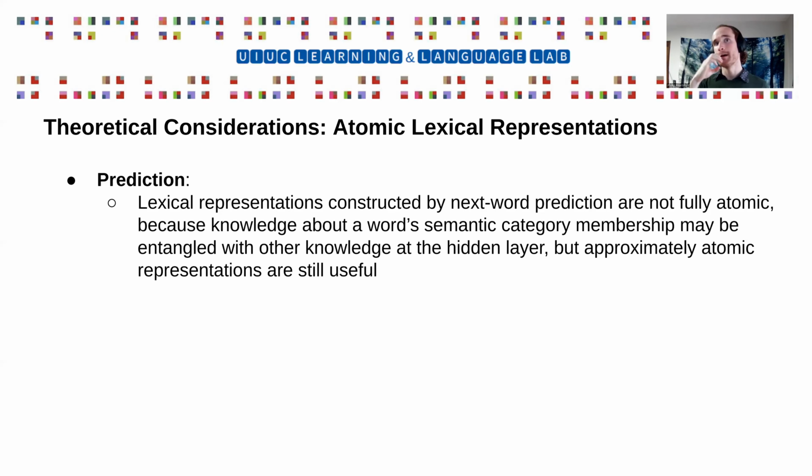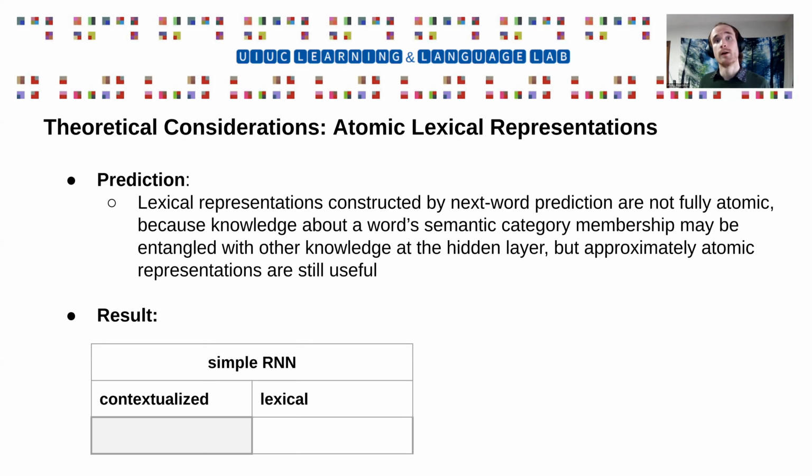Let's test this prediction. I've run a bunch of simulations, as I've already explained before, with the simple RNN. I've already shown the performance for semantic categorization using contextualized representations. On average, the performance here is well above chance. Above chance means it's above 0.5. Not clear what the ceiling level is, but 66 is pretty good. And 66 is the ceiling level for the performance for lexical representations, right?